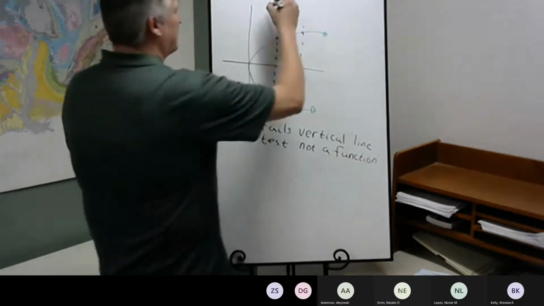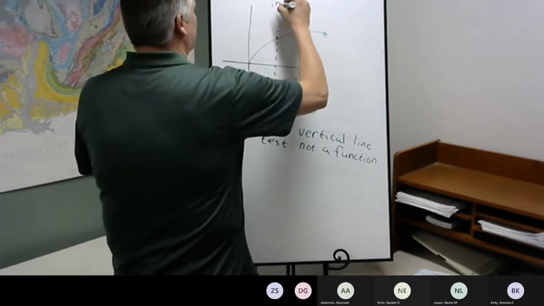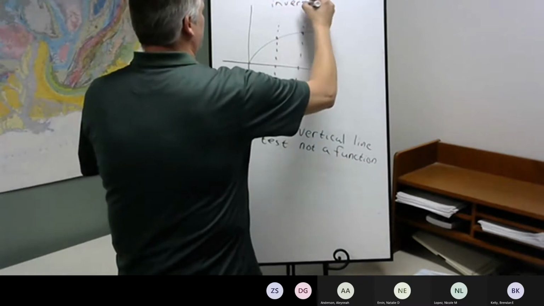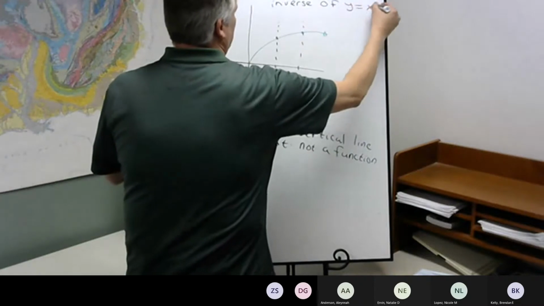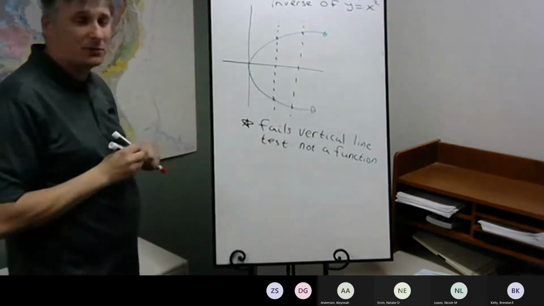And let me write this here. This is the inverse of y equals x squared.